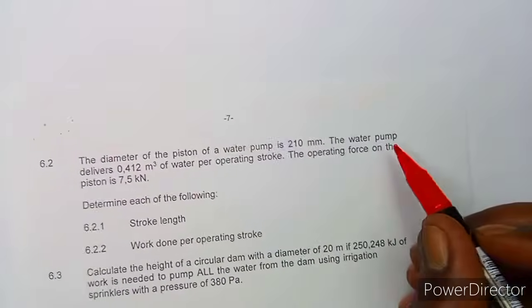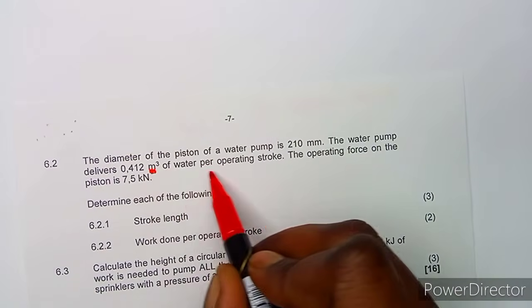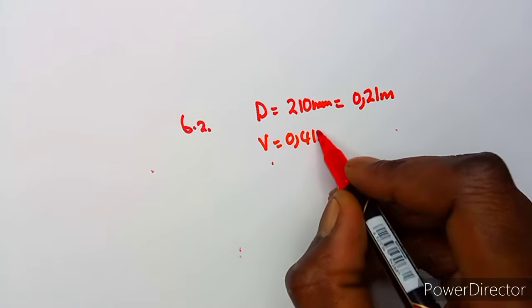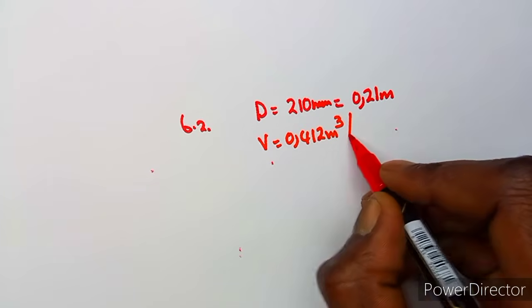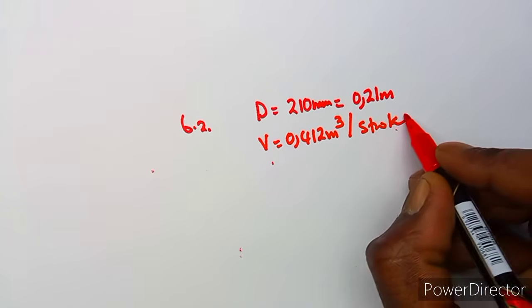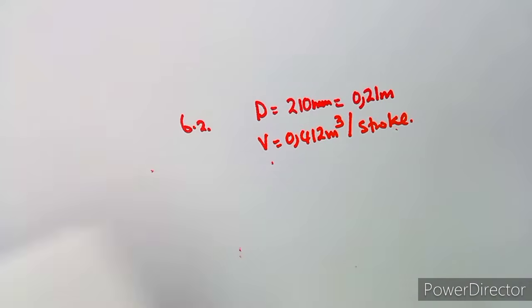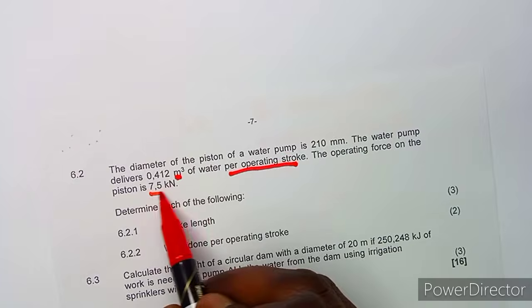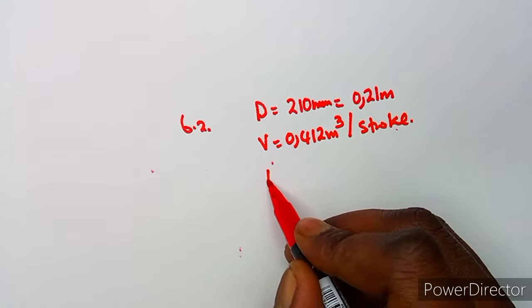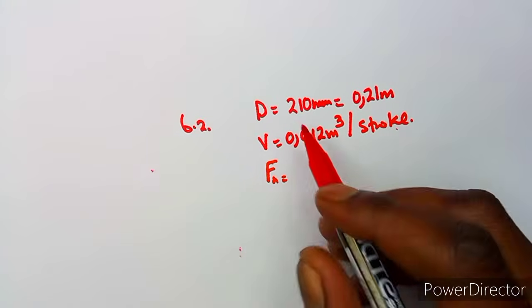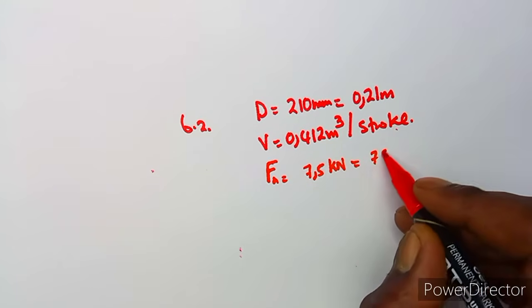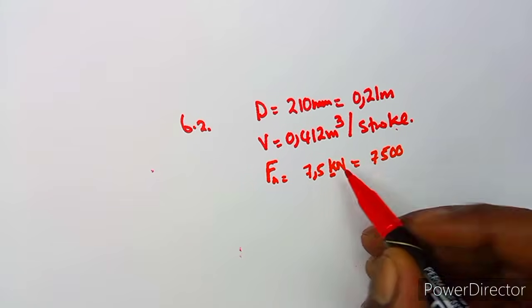And you're given the water pump's volume of water per operating stroke. So we have a volume in this case of 0.412 cubic meters, and this is per operating stroke. And we have the operating force on the piston, that is the force that is applied, which is 7.5 kilonewton, and 7.5 kilonewton means 7,500, because you're simply multiplying by 1,000.